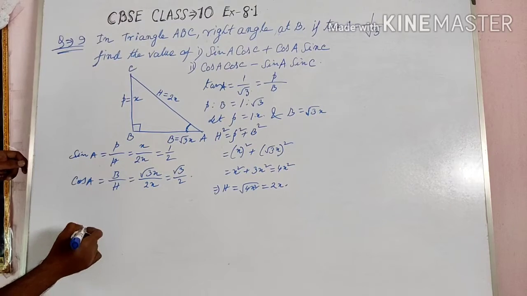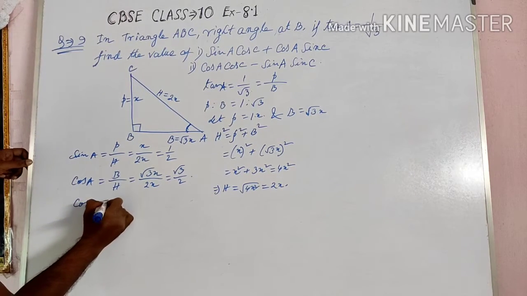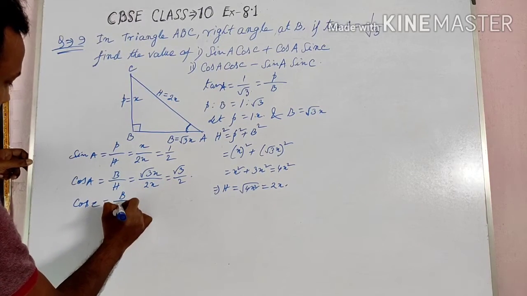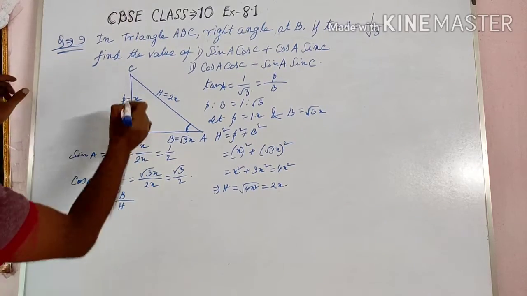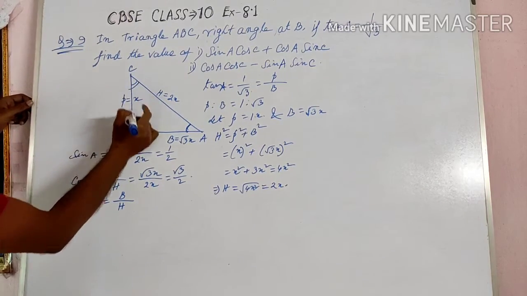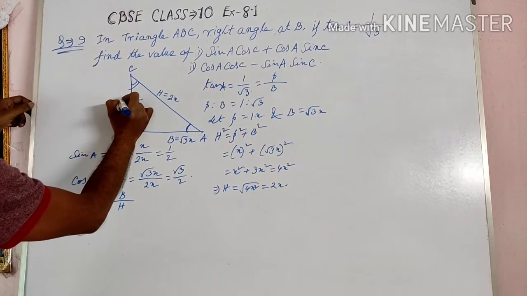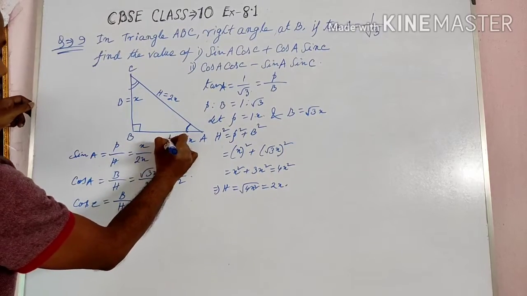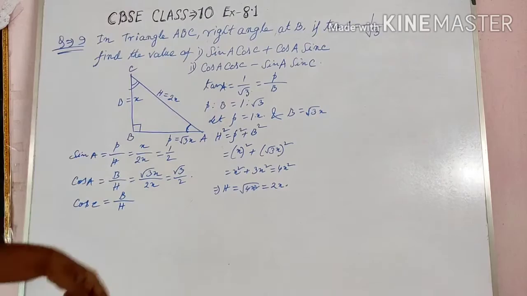What is the value of cos C? Cos C is equal to base by hypotenuse. If the angle is C, where C is here, then this is your base and this is your perpendicular, all other things will be the same, the triangle will be the same.